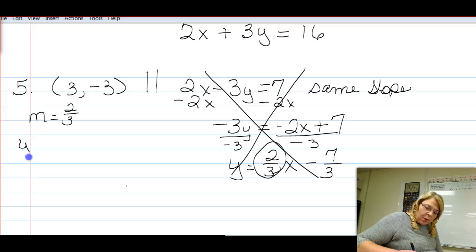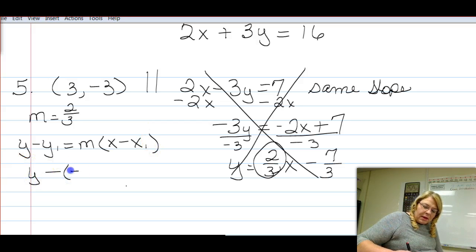I am now going to use y minus y sub 1 equal m times x minus x sub 1, so that I get y minus -3 equal 2/3 x minus 3.